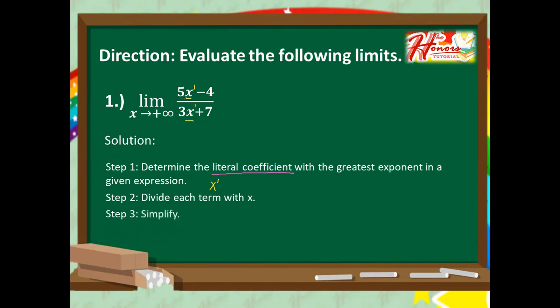And also, x raised to 1 can be written as x. As I have mentioned earlier, 1 as an exponent is an invisible number. So therefore, you can just write x raised to 1 as x. So that's why in our step 2, it is stated that we have to divide each term with x. We are referring to x raised to 1.